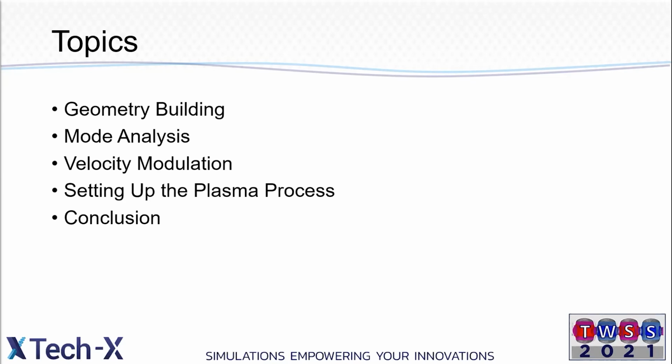Third, I will show you how to set up the input signal and the electron beam to get velocity modulation. Then I will show you how to add a plasma into the simulation and how to set up the plasma process. Finally, I will discuss why VSim is the ideal tool for doing research on a device like this.